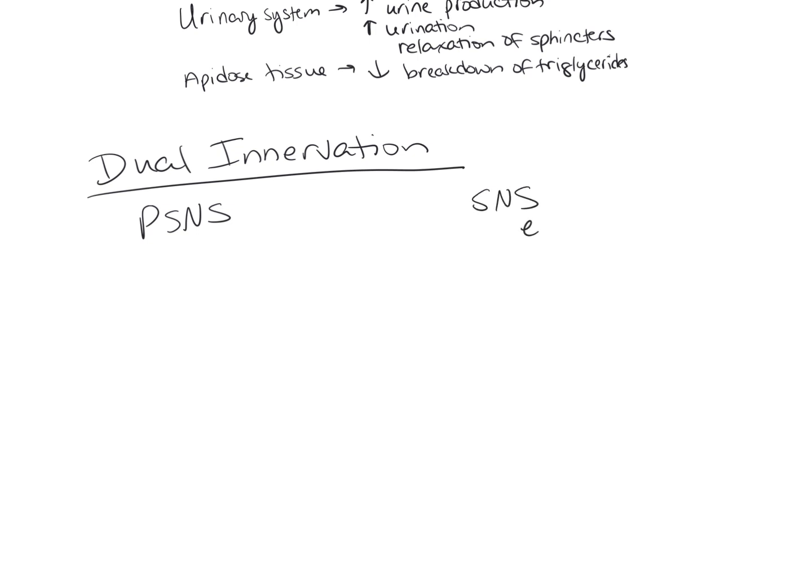There's a few exceptions like we talked about, so except for sweat glands, those are only innervated by the sympathetic nervous system. The erector pili muscles, as well as peripheral blood vessels.